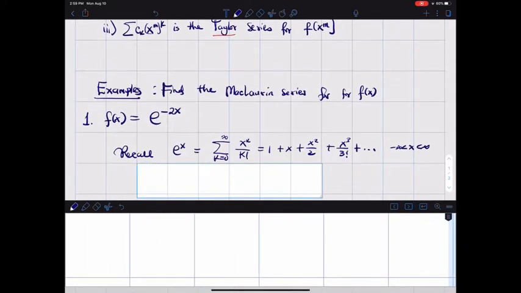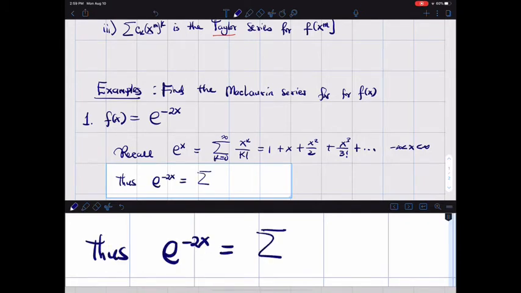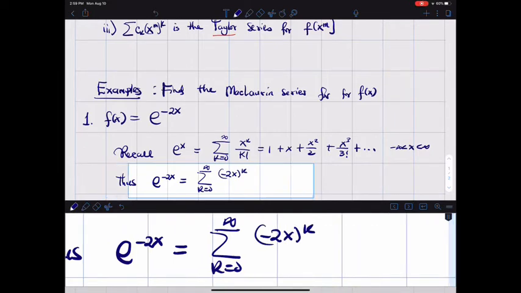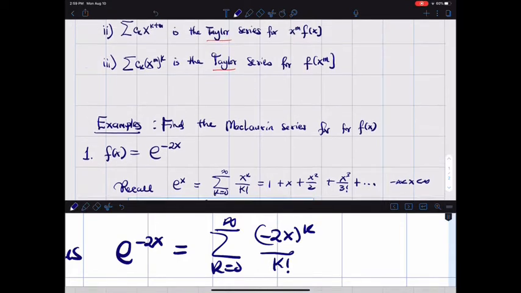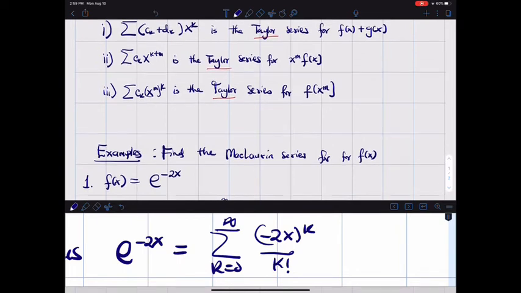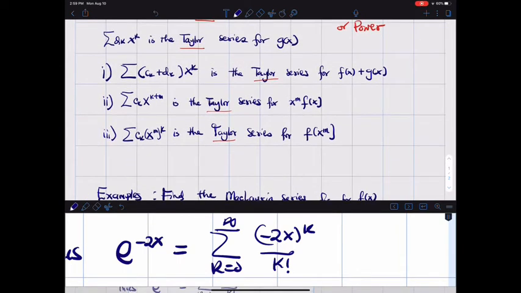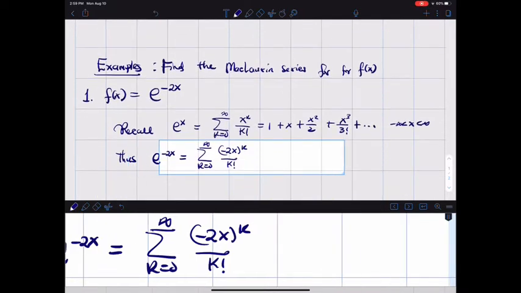Thus e^(-2x) is just going to be the summation from k equals 0 to infinity of (-2x)^k over k factorial. So what does this mean?